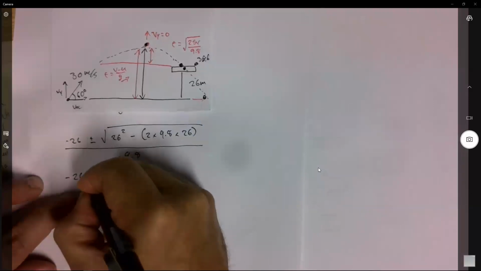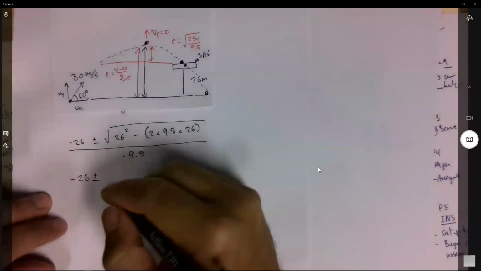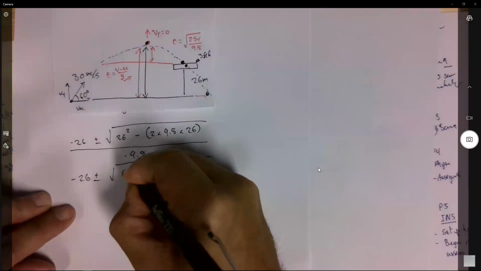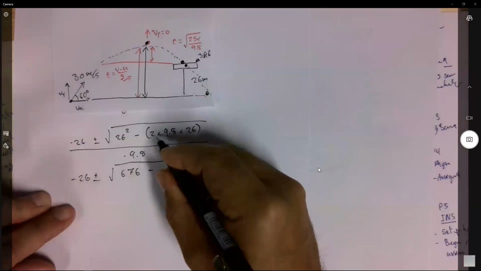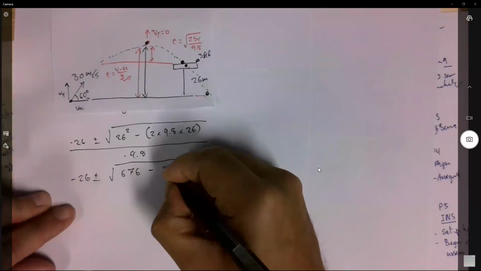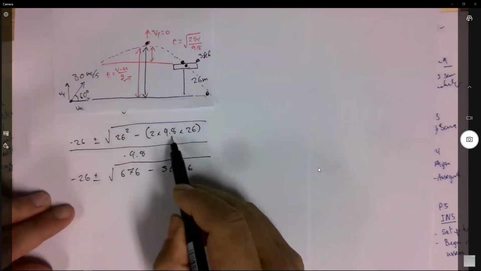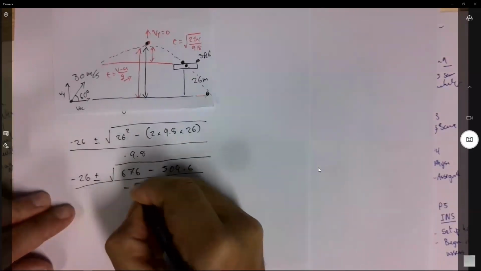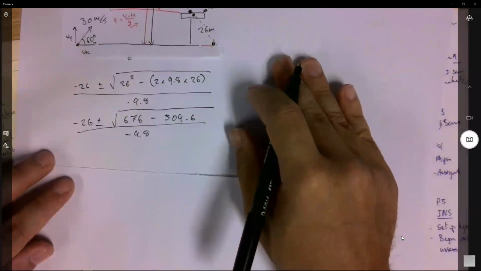Minus 26 plus or minus the square root of 676, which is the square of 26, minus 509.6, which is 26 times 9.8 times 2, and that's all got to be divided by negative 9.8. Keep on going down.